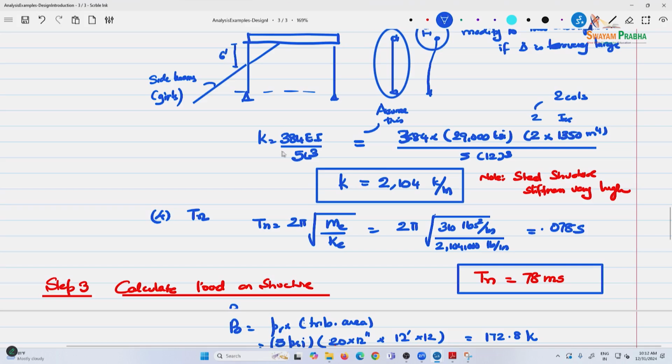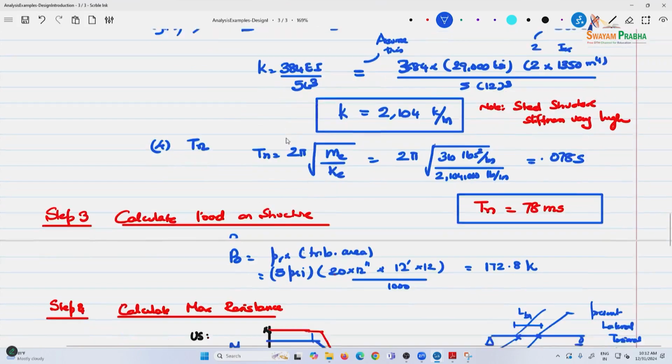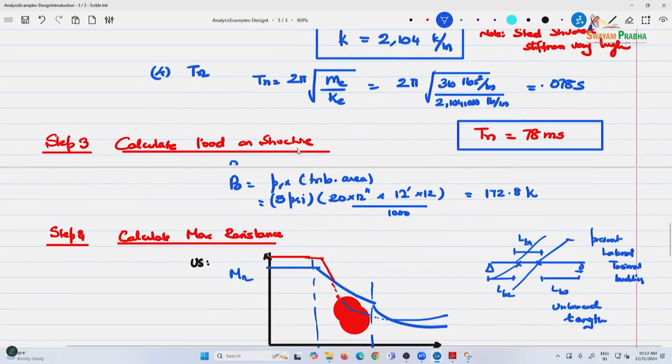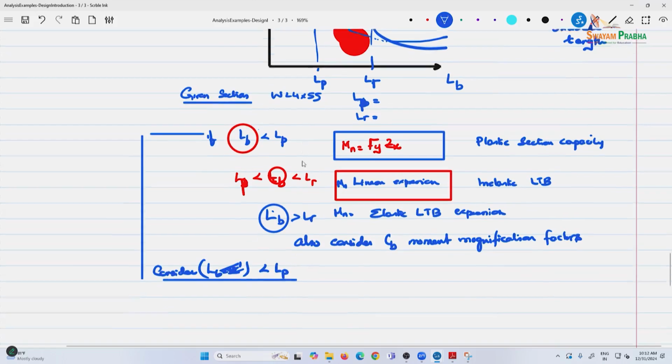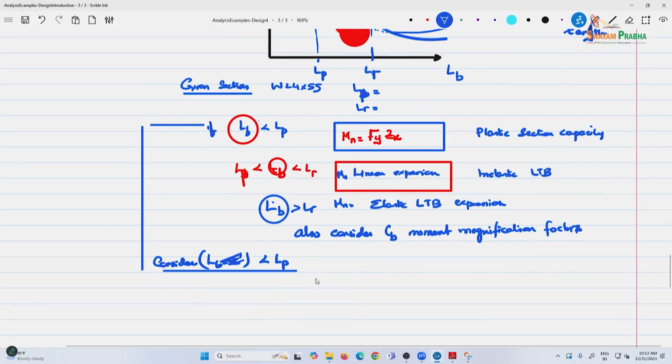There is a little more to it, since Cb accounts for some things, but for simplicity let us consider LB less than LP, whatever be the case. It does not have to be 12 feet even if it is supported. So, let us consider this case so that we can focus on our topic. So, Mn is Fy times Zx.